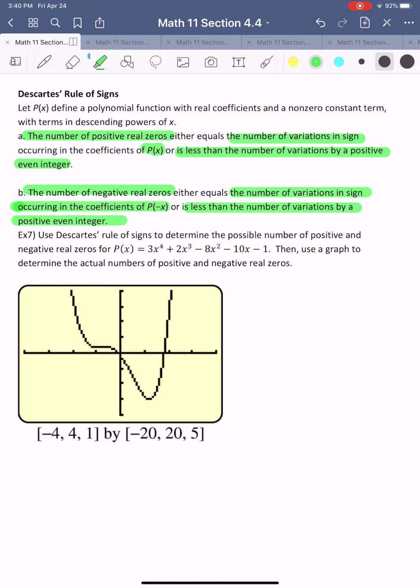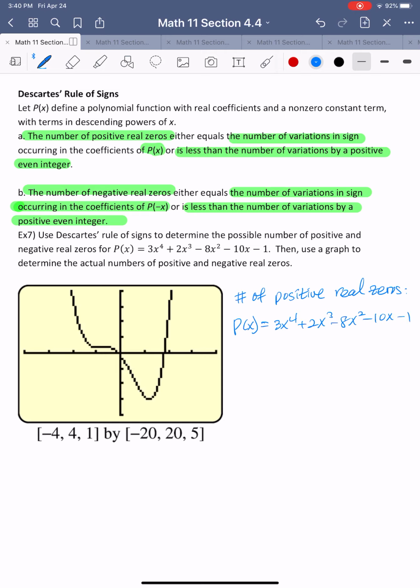So in number 7, use Descartes' rule of signs to determine the possible number of positive and negative real zeros this time. So if you are looking for the number of positive real zeros, you use p of x, which is 3x to the 4th plus 2x cubed minus 8x squared minus 10x minus 1.